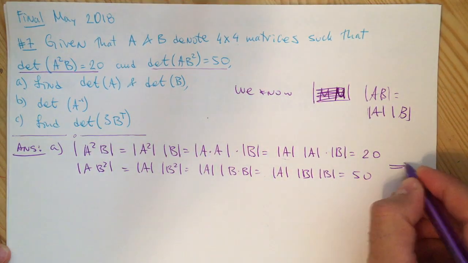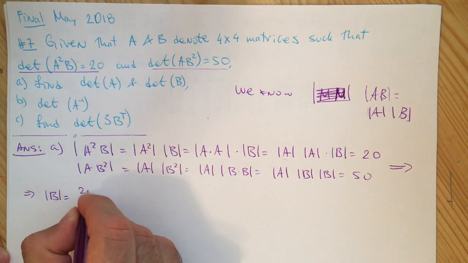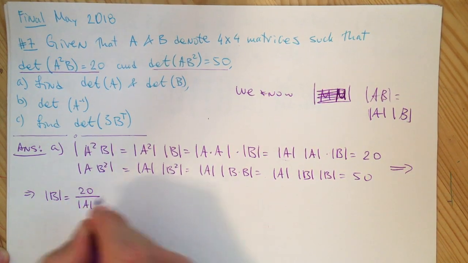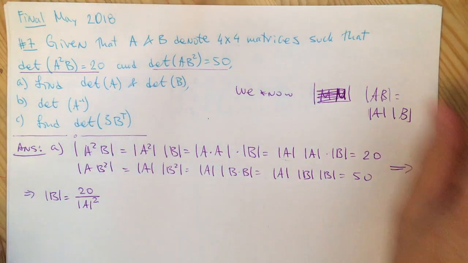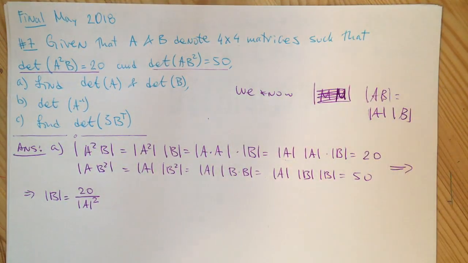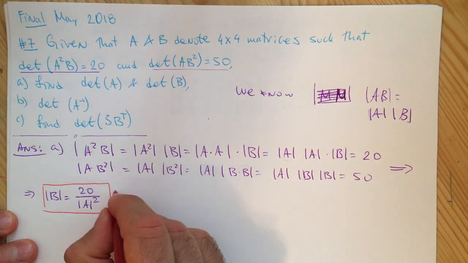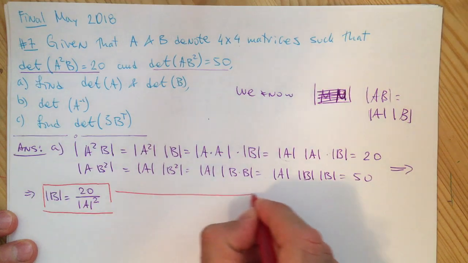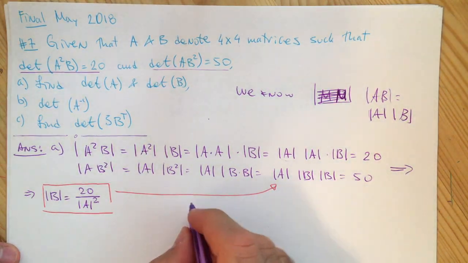So from the first equation, you can write down that the determinant of B is equal to 20 over the determinant of A times the determinant of A, that's the determinant of A squared. I'll keep this aside, and I will plug this idea into the second equation, obtaining what?